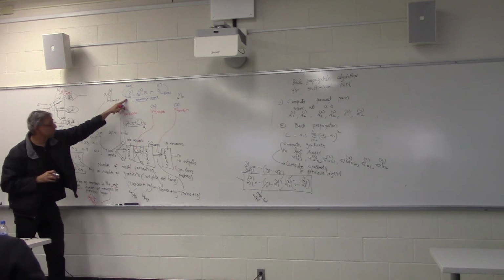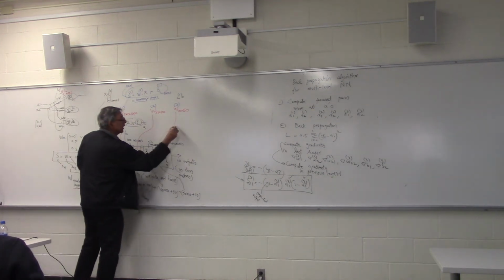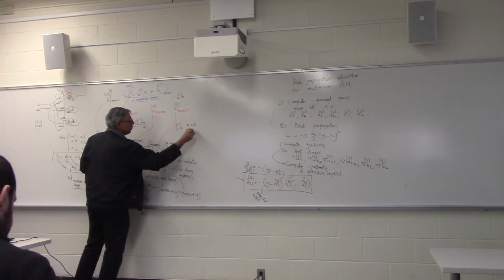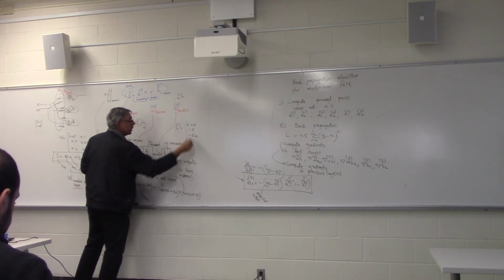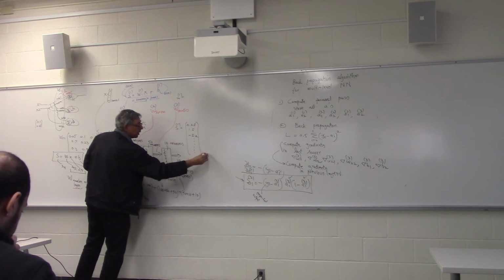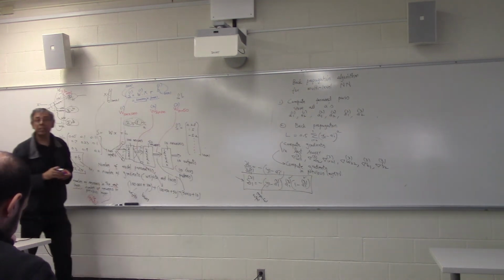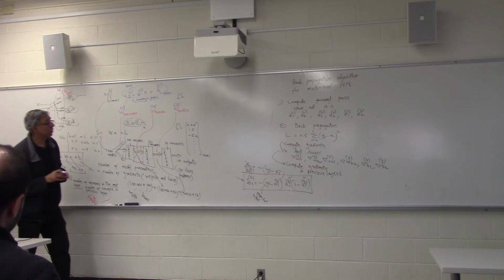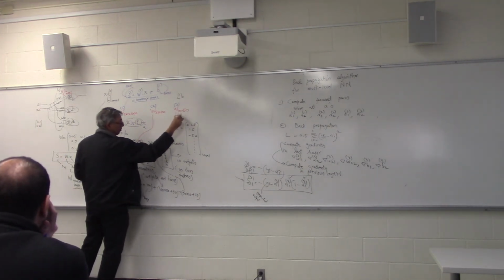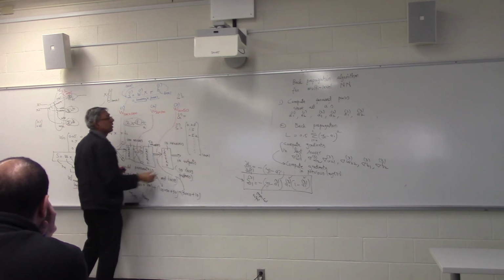Suppose S of 1 looks like this: 0.3, 0.28, 1.5, negative 5.2, and so on. So this is our 100 by 1.